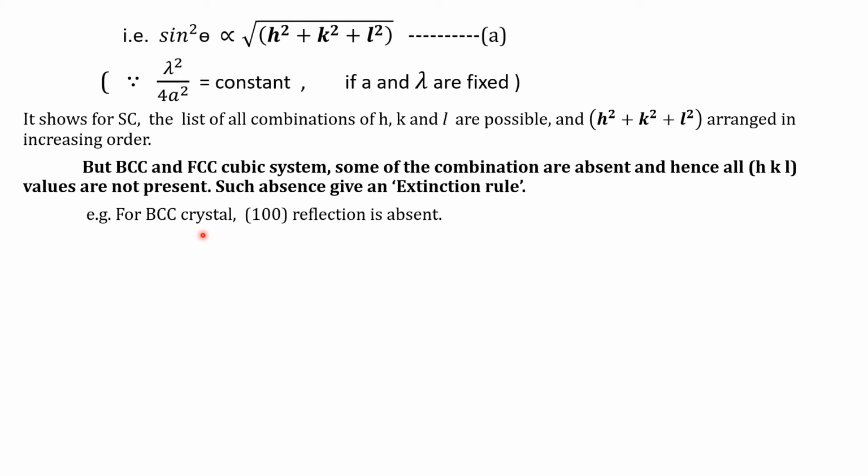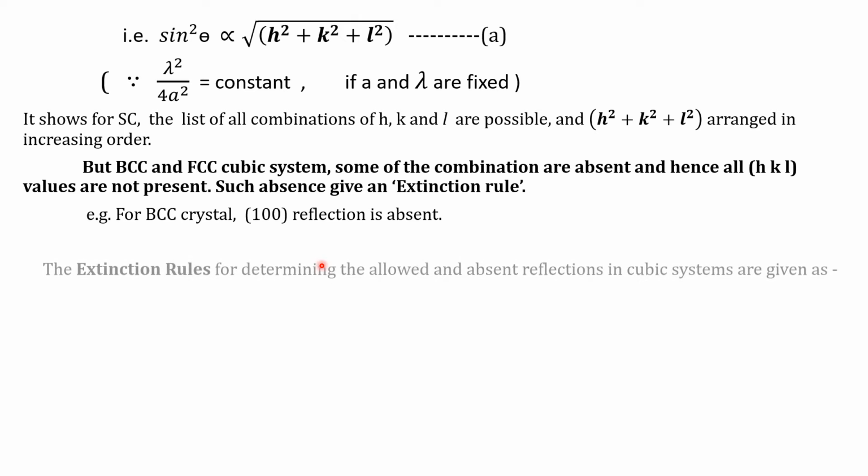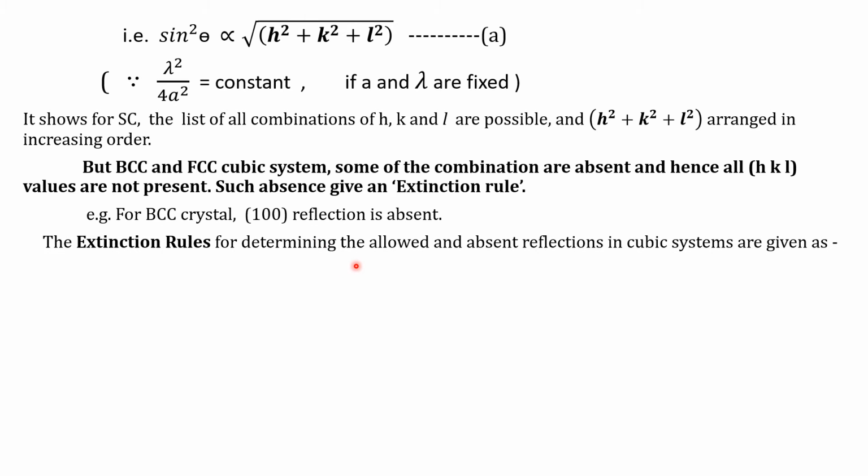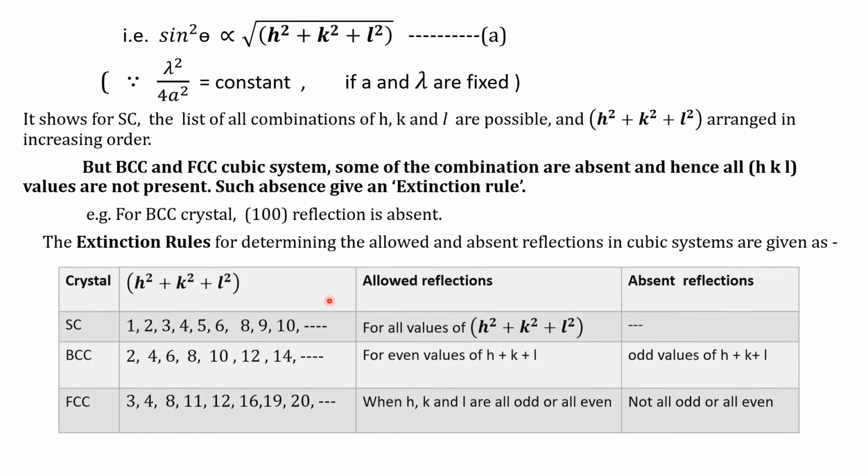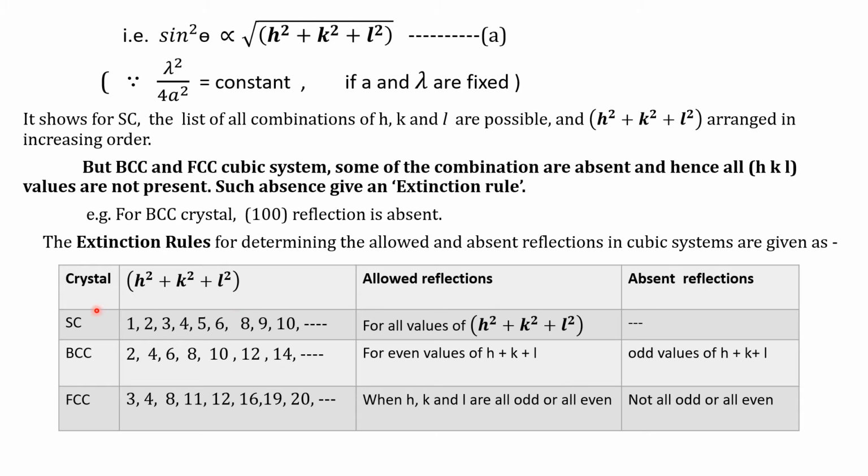Such a systematic absence gives rise to an extinction rule. Hence, for BCC and FCC, some planes are missing, and that gives the extinction rule. That extinction rule we determine for the allowed reflections in the cubic system, which we summarize here.